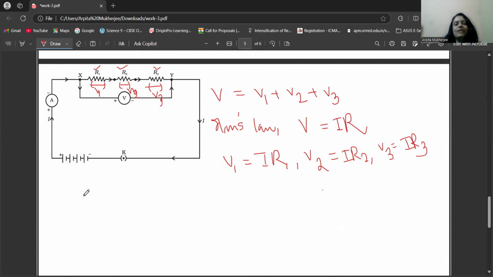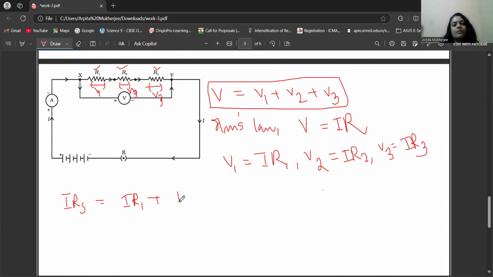So if I consider Rs to be the equivalent resistance of this circuit, I can substitute everything in this formula. I can write IRs is equal to IR1 plus IR2 plus IR3. I'll take I common, that is R1 plus R2 plus R3.